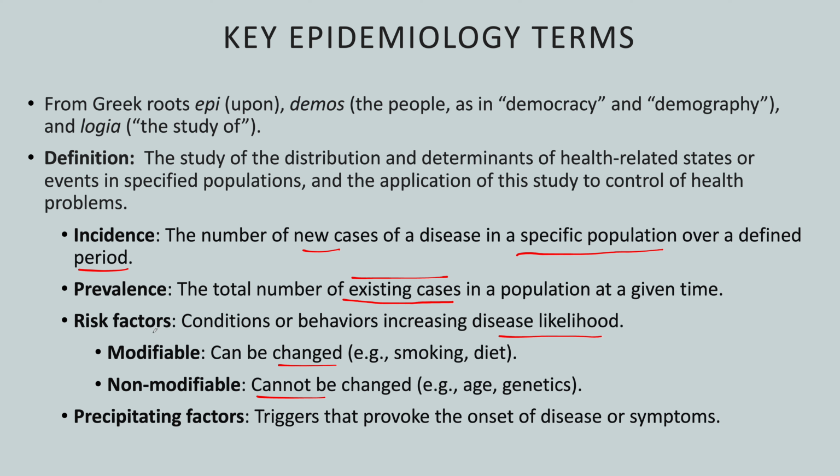Smoking, lack of physical activity, stress, atherosclerosis. But what is the precipitating factor for that myocardial infarction? Maybe an emotional upset. Maybe doing excessive exercise. Maybe taking medications or consuming drugs like cocaine. Those are precipitating factors.